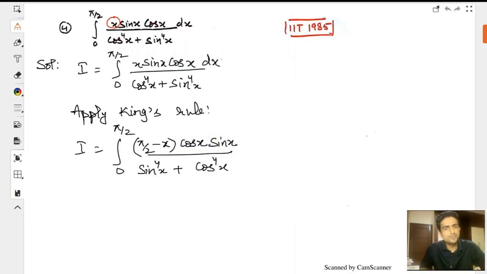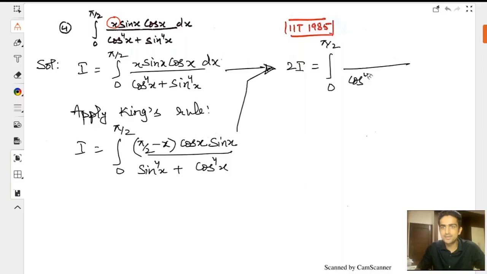Now, what should we do? Yes, addition. And that's all. So let us quickly add them to get 2I equal to integral 0 to pi by 2. Denominator is the same. And in the numerator, x into sine x cos x gets cancelled.